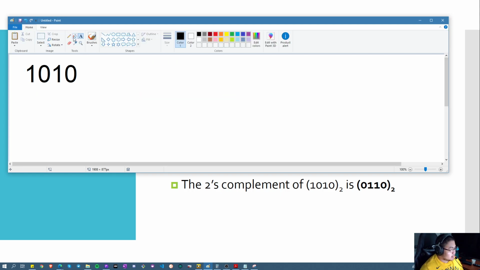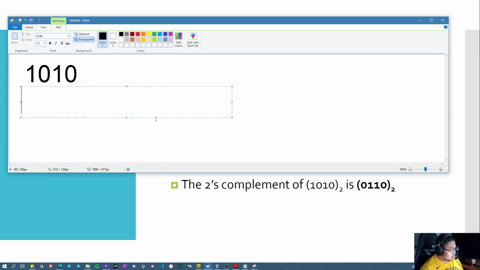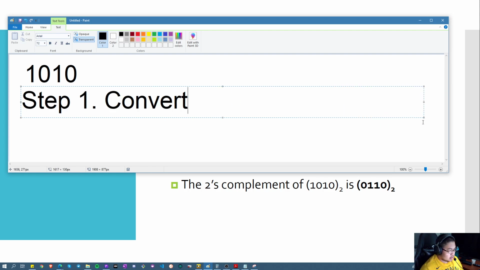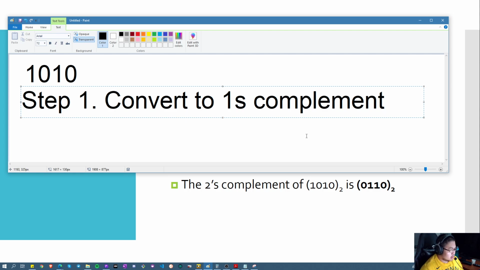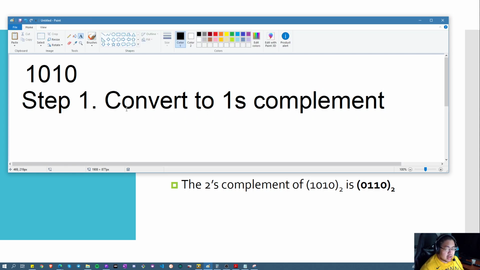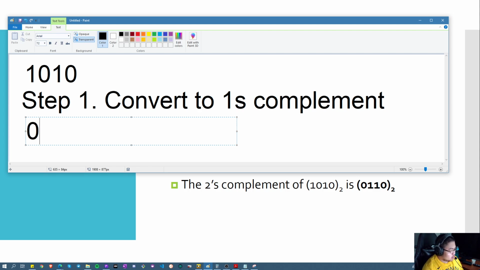So let's convert this one. The first step here is step 1: convert to one's complement. So again, how do we solve one's complement? We just invert all of it. So let's invert this to 0101.